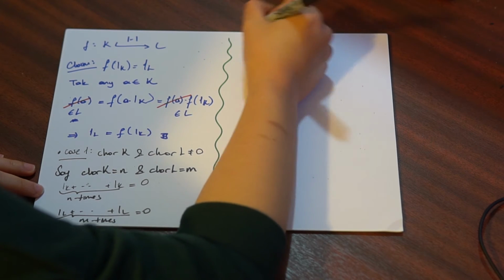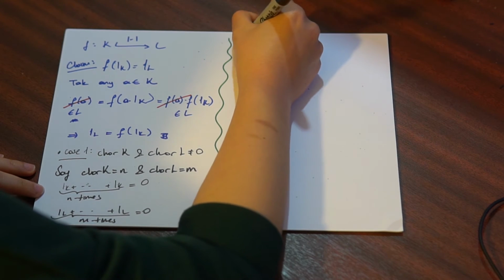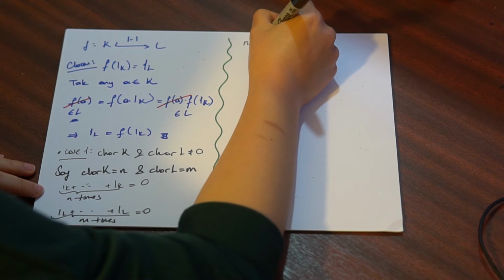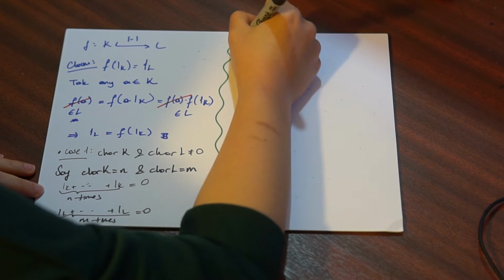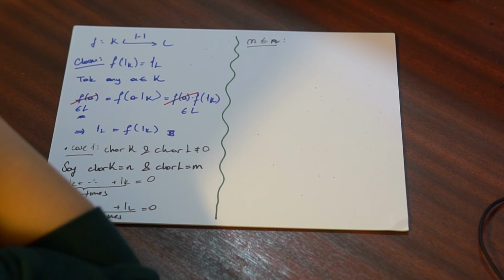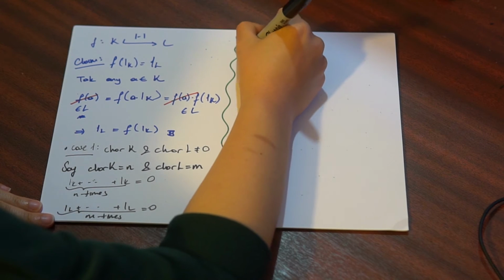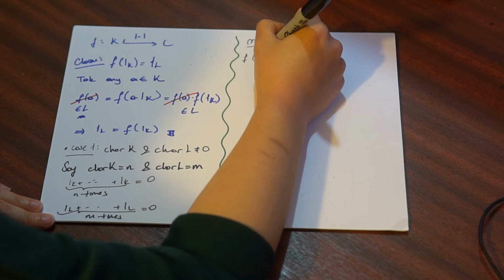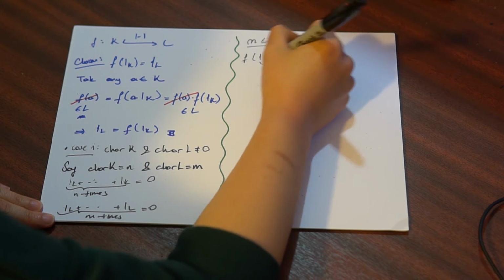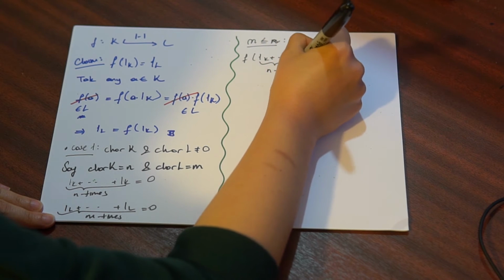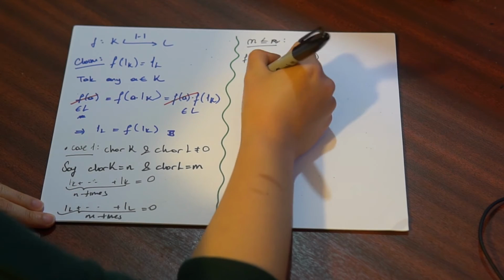Now let's look at the first side: I will look at m less than or equal to n. Let's look at f of 1_K plus 1_K, with n times 1_K.